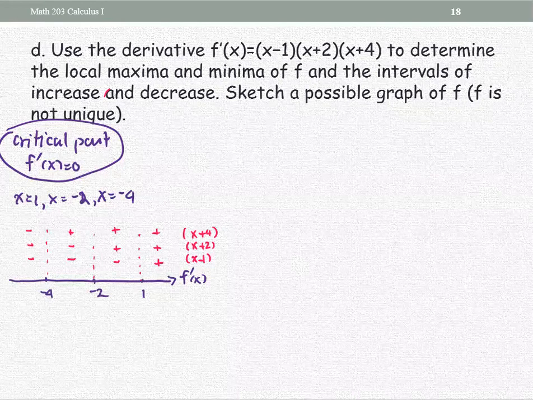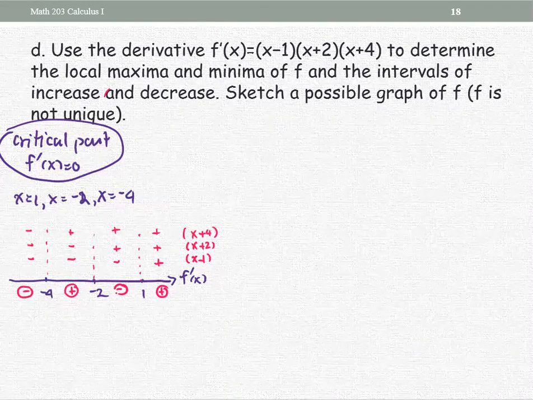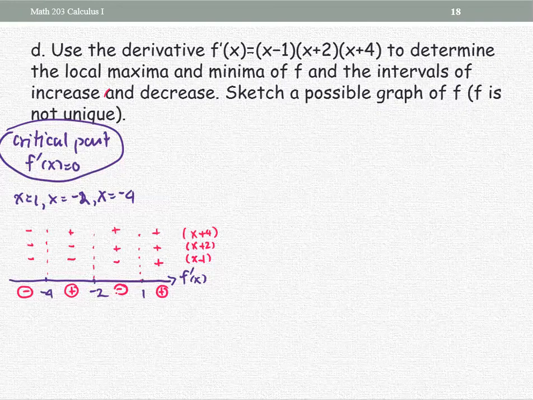Then the final product of these three signs for each interval is a plus sign for the right end interval, negative for the interval negative 2 to 1, positive for the interval negative 4 to negative 2, and negative for the interval negative infinity to negative 4.